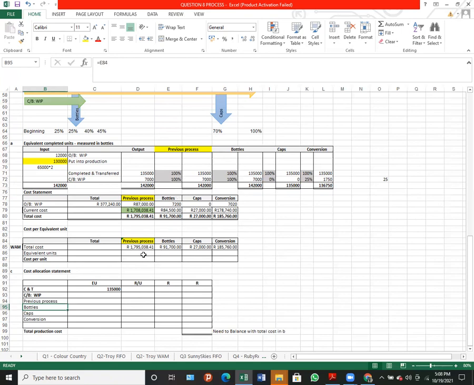Okay, guys. How many units are we going to use, guys, for bottling? To convert here, guys. Let's start from here. How many units are we going to use, guys?